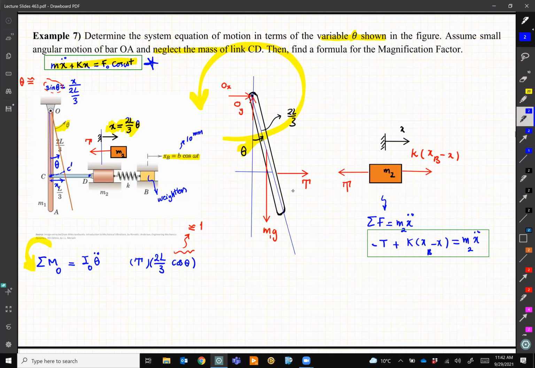Then I have the weight. The weight is trying to rotate it in the opposite direction of what we like. So it is M1G multiplied by 2L over 3 sine theta. IO for a link, we know it is 1 over 3 ML squared, right? That's for a link. And theta double dot is theta double dot. Yes?